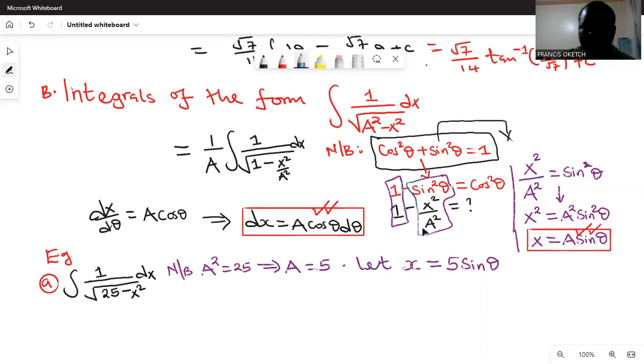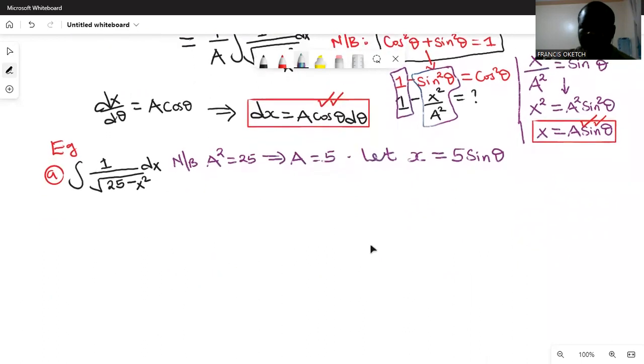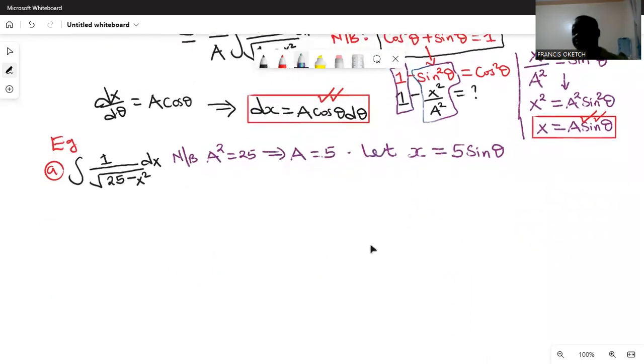Now, what about dx? What will it be equal to? Because I have to differentiate x with respect to theta, I am going to get dx. Then we differentiate and cross multiply. So dx will give us 5 cos theta d theta.